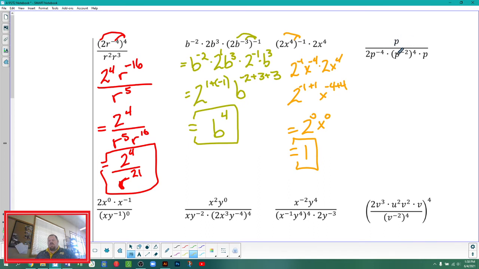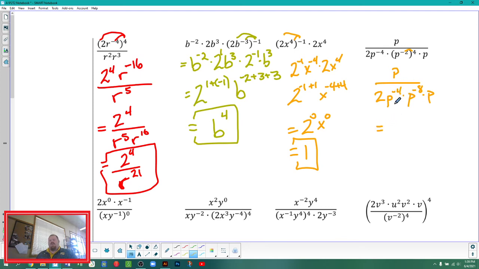Okay. On this one, I'll go ahead and deal with the denominator, try to simplify some stuff there before I start moving things up and down. Let's do our power to the power there. 2p to the negative 4th times negative 2 times 4 is negative 8 times p.